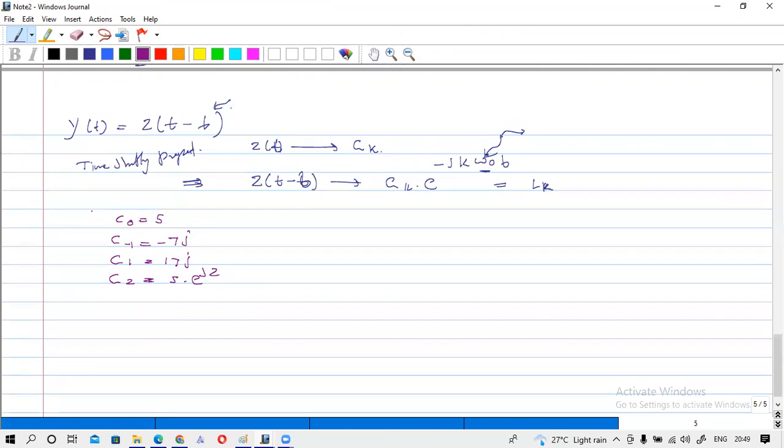These are the coefficients for the z(t) signal.